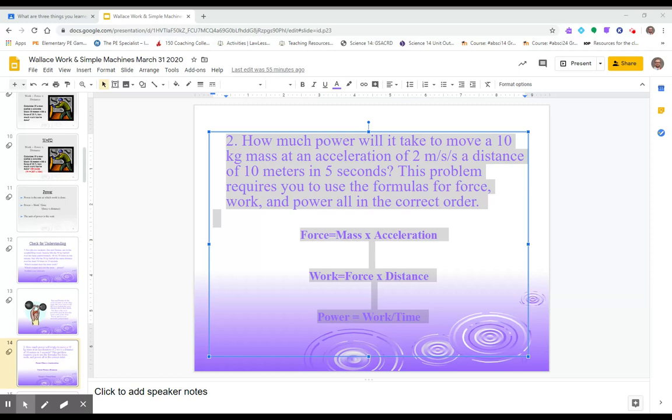And then my distance is 10 meters. 20 times 10, we've seen that calculation before. This is 200 joules.